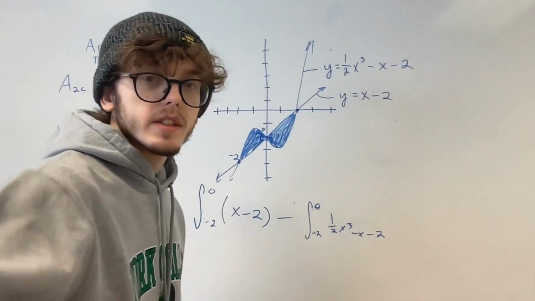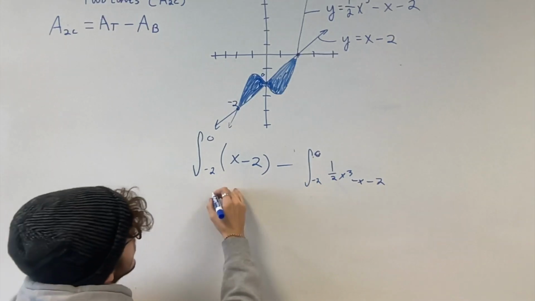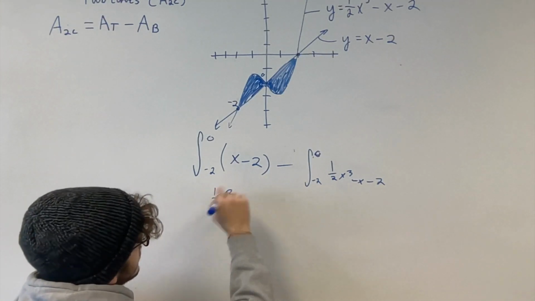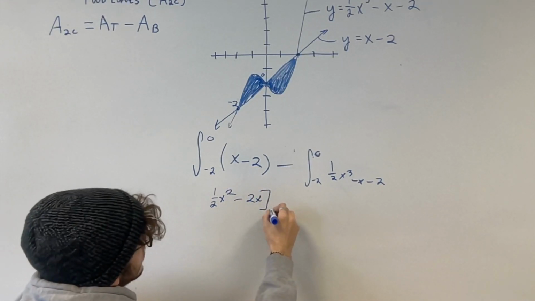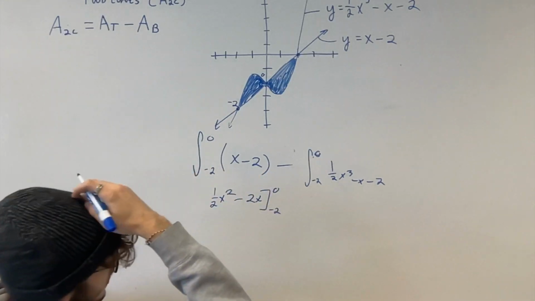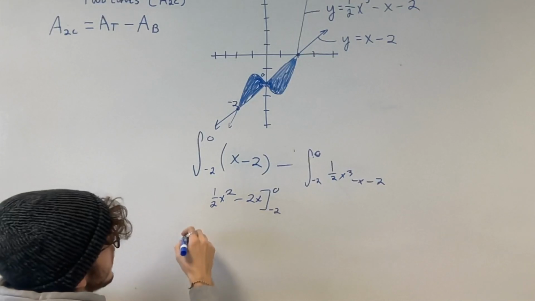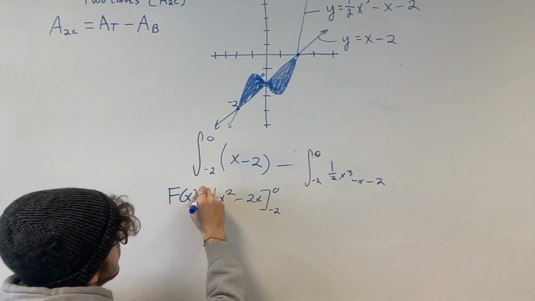Let me make sure you guys can see, so I'm going to bring this down a little bit. The integral here is x, 1/2 x squared. Take the derivative of that, you get x minus 2x, and then we're going to note by this notation that we're going to evaluate it from the interval 0 to -2. We'll call this function big F of x.